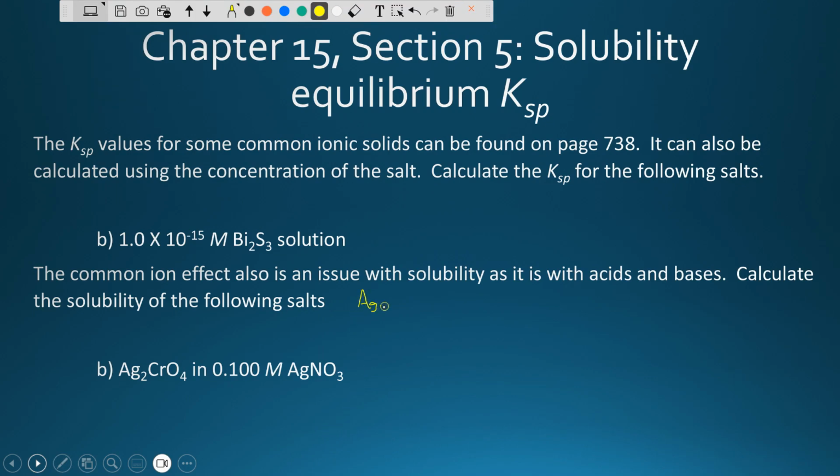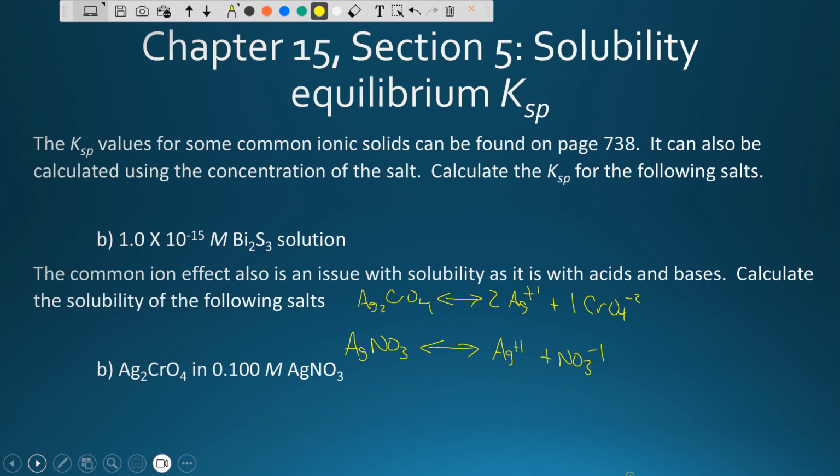We had the Ag2CrO4 dissociating into 2 of my silvers plus 1 of my chromate. But we're also adding in some silver nitrate. And so that's going to dissociate, and I'm going to be adding in 1 more of my silver, and I'm going to be getting in some of my nitrate with this.